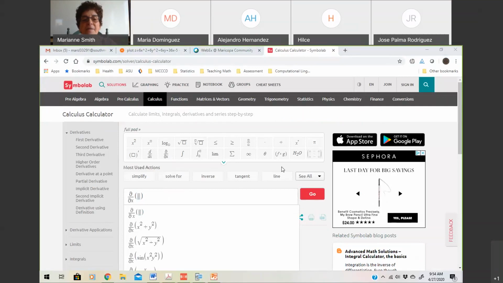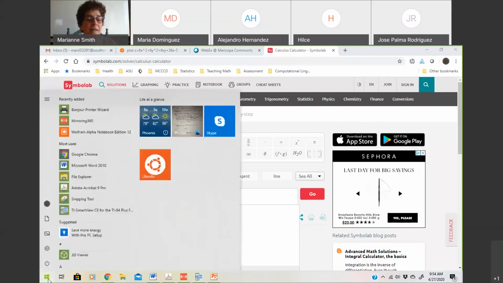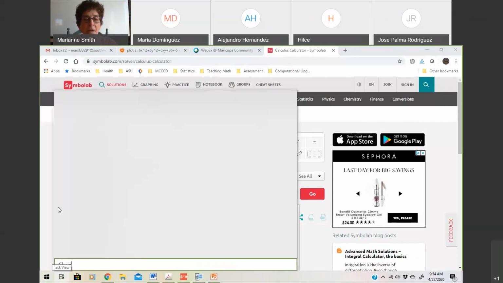If you ever are in a situation where you're confused with the signs on everything, then please email me with the problem and I can walk you through it. If you're using any kind of technology and you get confused, you can take a screenshot. If you're on a PC, you've got something called a snipping tool.